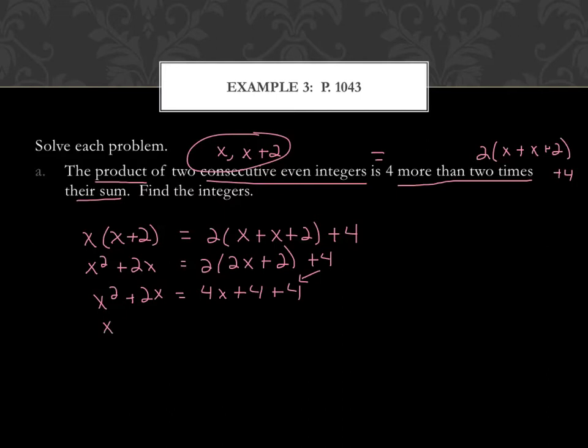So it's going to give me x squared plus 2x equals 4x plus 8. Then setting that equal to 0, x squared minus 2x, because I'm subtracting 4x from both sides, so minus 2x, subtracting the 8, equals 0.